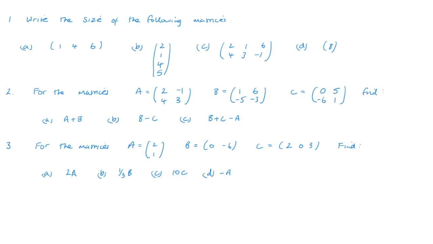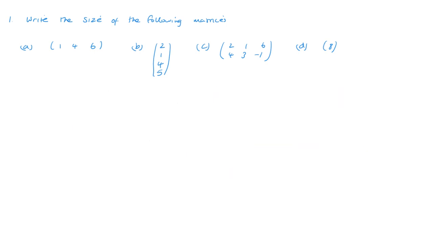So here are 3 quick and straightforward questions. Pause the video to have a go, and the answers are at the end of the video. So this first one is 1 row and 3 columns, so 1 by 3.